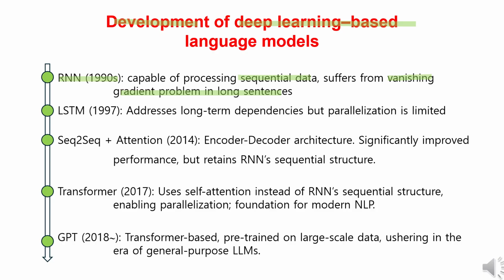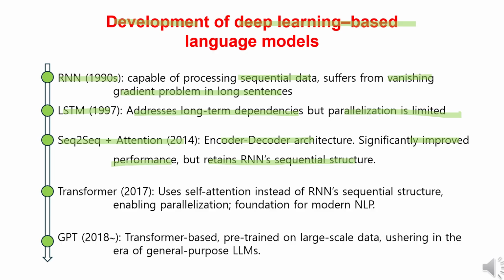LSTMs improved on this by alleviating long-term dependency issues, yet they were still difficult to parallelize due to their sequential nature. Later, sequence-to-sequence models with attention significantly improved translation performance by allowing the model to refer to all words in the input sentence, but they still retained an RNN-based structure.